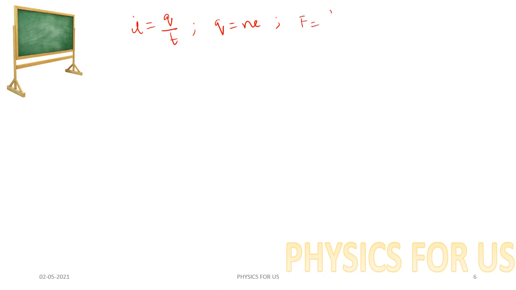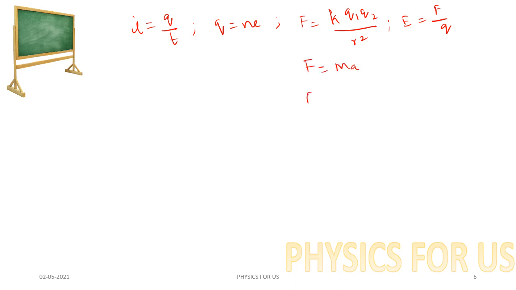F is equal to K into Q1 Q2 by R squared, and E is equal to F by Q.